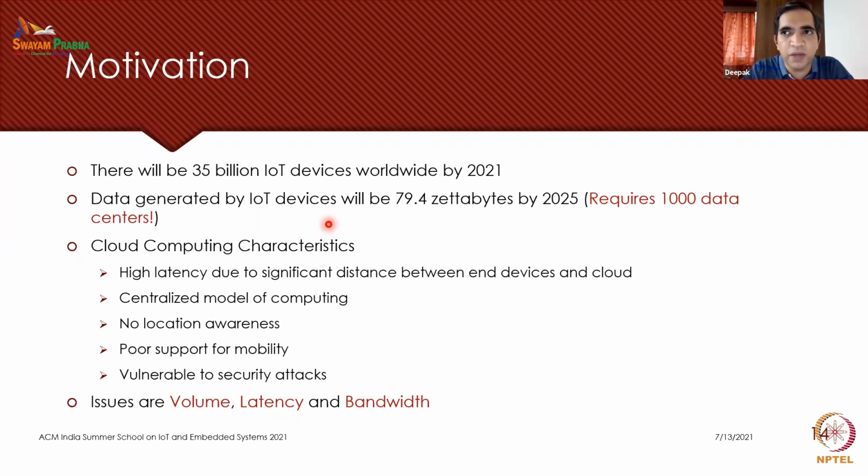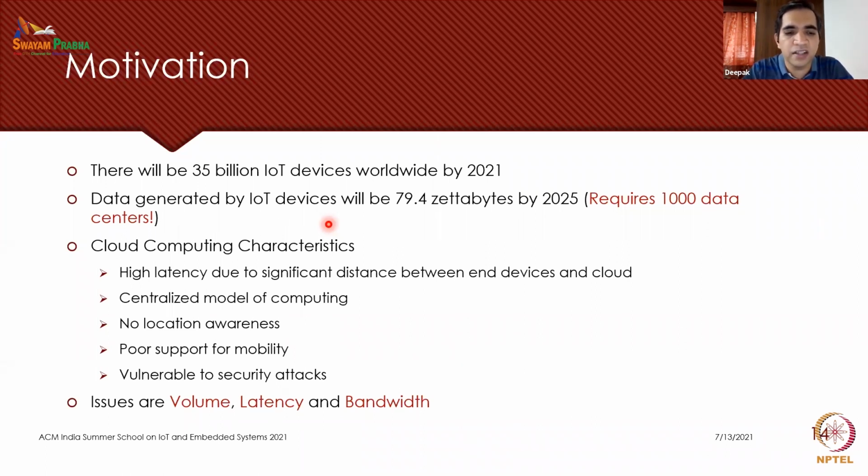The other important aspect is that in cloud computing there is absolutely no support for mobility. So it becomes very challenging for some mobile node in the environment to reach out to the cloud and try to execute some service. And as we already discussed, there is vulnerability to security attacks.